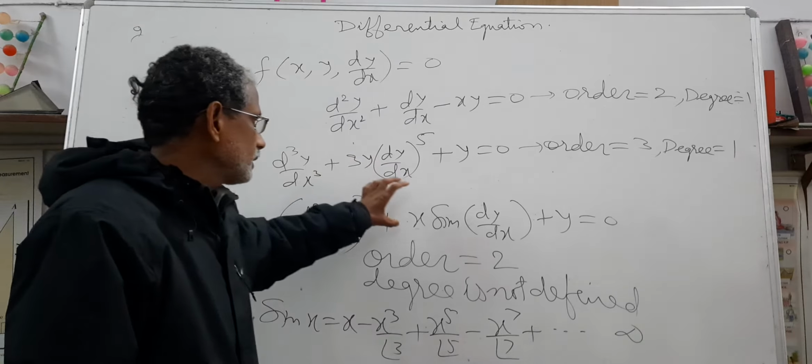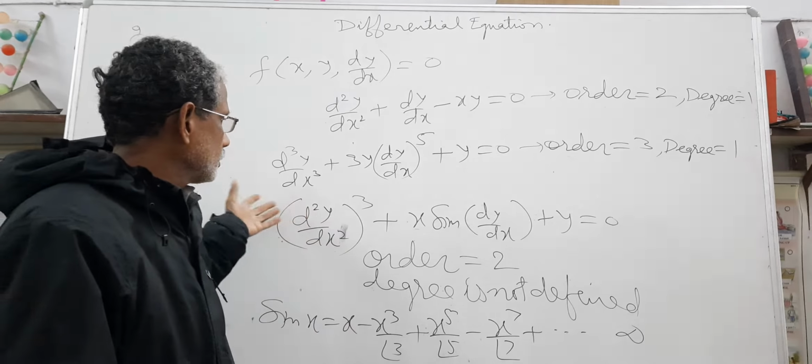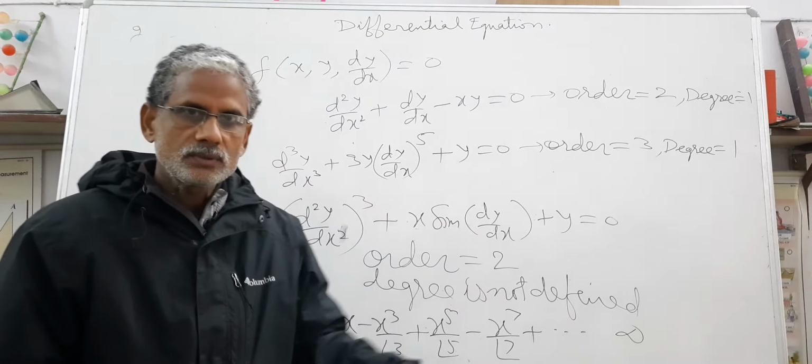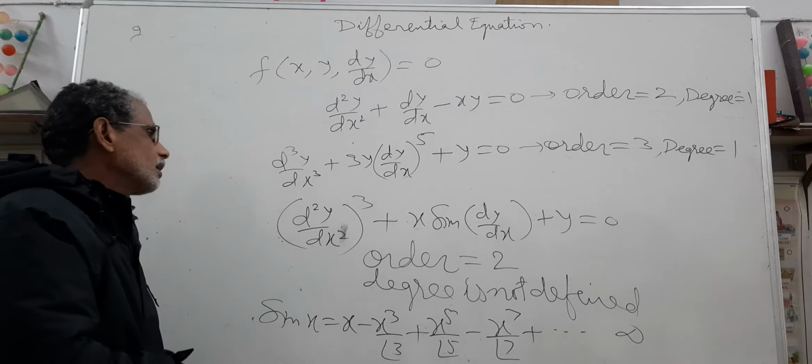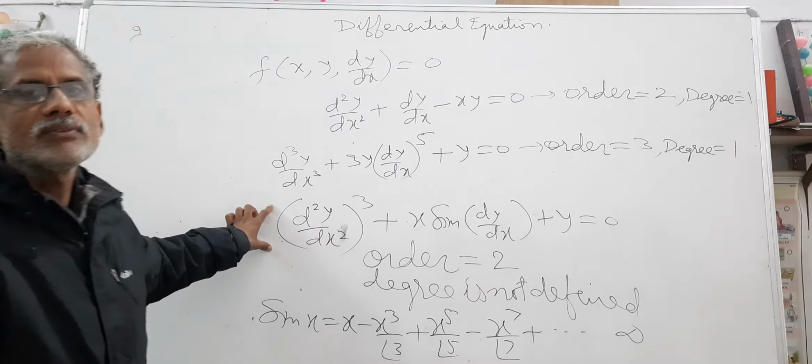It cannot be written as a polynomial with a fixed number of terms. It has infinite terms. Therefore, the degree of a differential equation of such form is not defined.